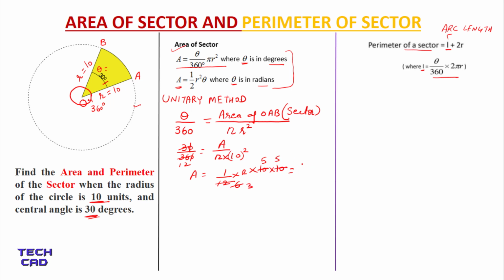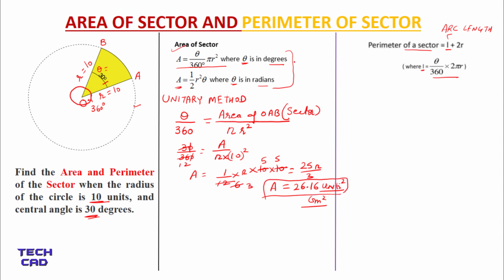So we have 25 pi by 3, which is equal to 26.16 units square. The units can be anything, it can be centimeter square, let us suppose. So that is the answer.